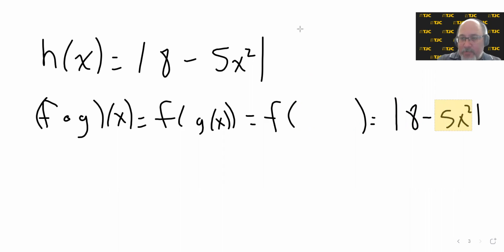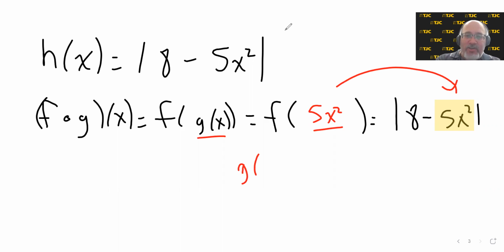If I can widen this a little bit, there we go. What if whatever was inside the f function landed where the yellow is? Well, the yellow is on 5x squared. So if that's what got stuck over here, then that means g of x would have been 5x squared. But what would f of x have equaled?